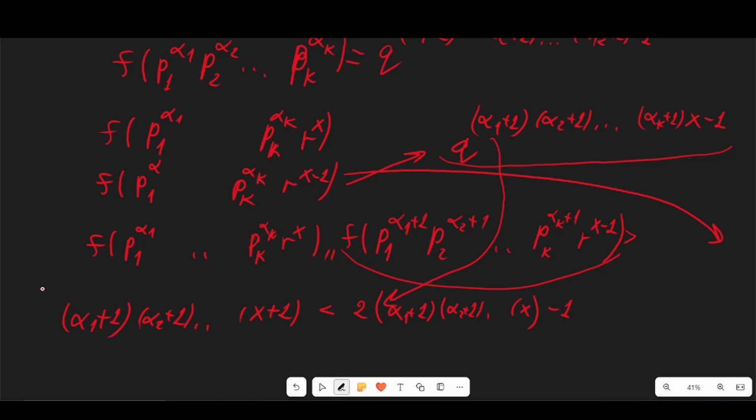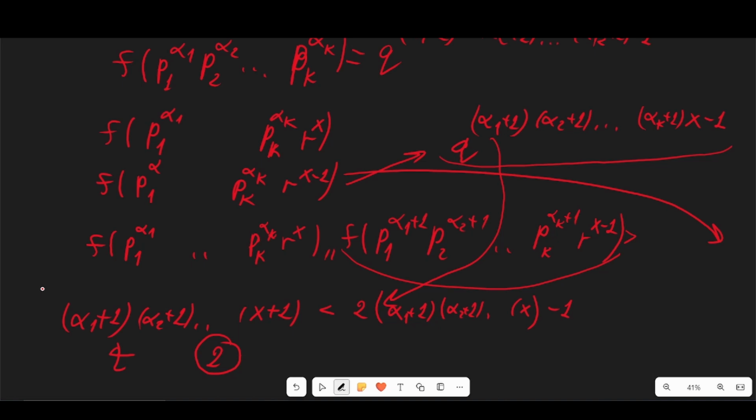And this will be correct. So this means that if we add a new prime in f of p1 to the alpha 1, pk to the alpha k times r to the x, this new prime number, call this t, will contribute at least 2 in the number of divisors formula. And clearly this will give us the contradiction.